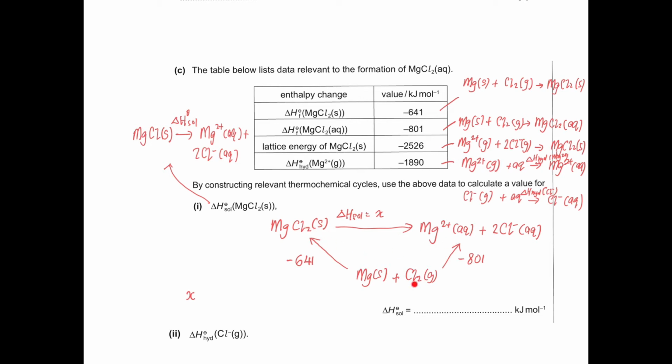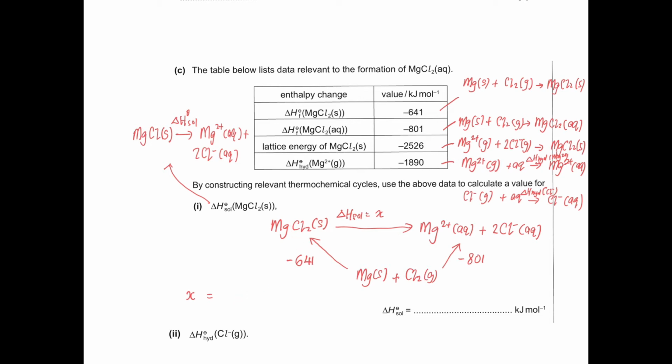You use two steps to form the product. The enthalpy involved will be the same as when you use one step to form the product. So same enthalpy. That's why our equation here can be equal to the two steps. This is the one step enthalpy change, which is equal to the two steps enthalpy change.